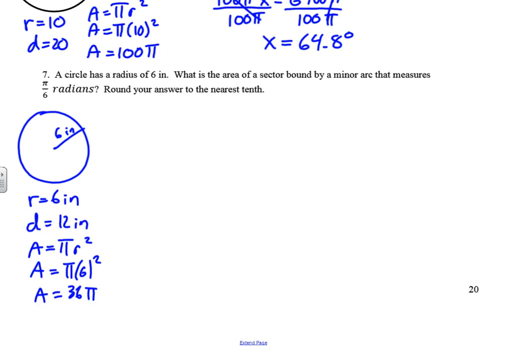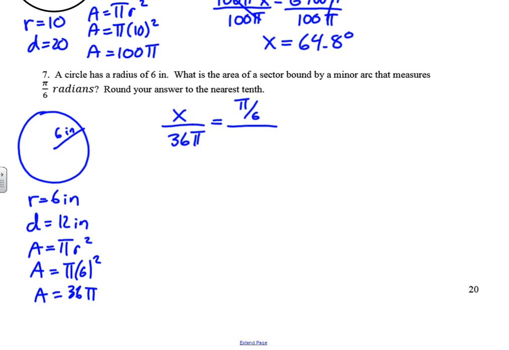So we're in radians here, so we could do this a couple ways. We could convert radians to degrees, or when we do our area, which we're trying to find, part over the total, instead of putting 360, what is 360 in radians?